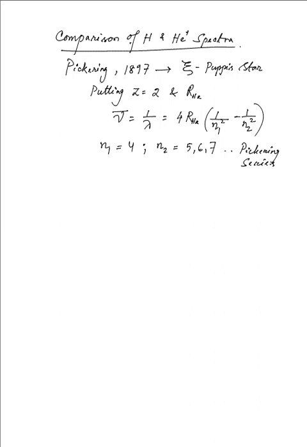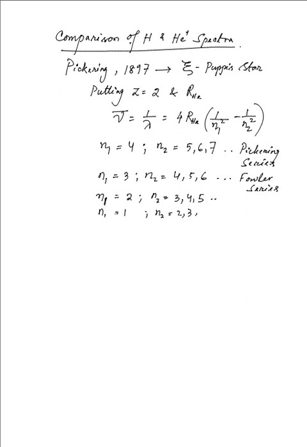Then we had n1 equal to 3, and n2 equal to 4, 5, and 6, and this is the Fowler series, named after the scientists who obtained them. And then we have n1 equal to 2, n2 equal to 3, 4, and 5, and then finally n1 equal to 1, and n2 being 2, 3, and 4, and so on. This was the Lyman series.